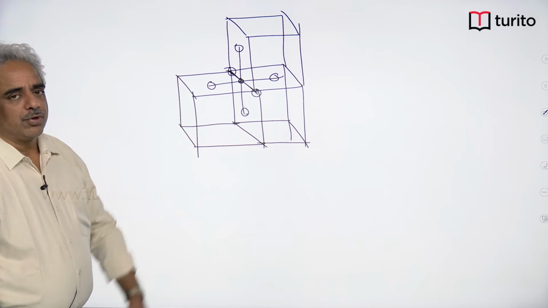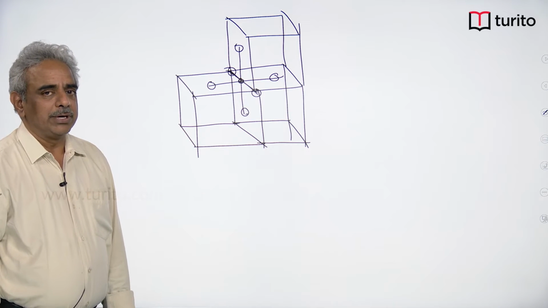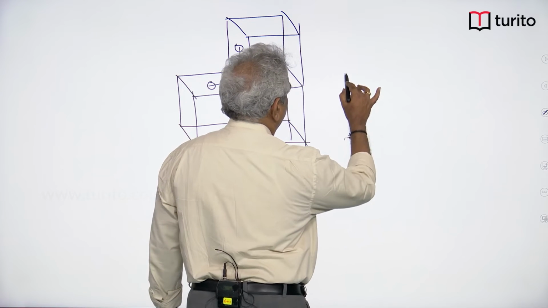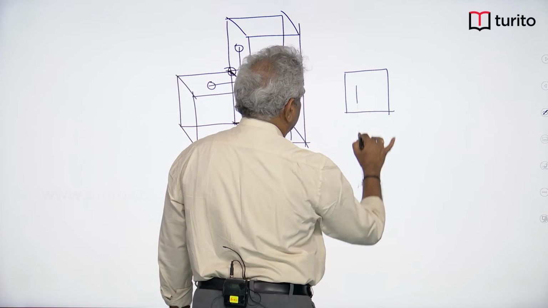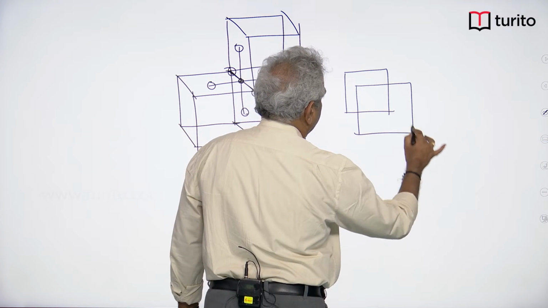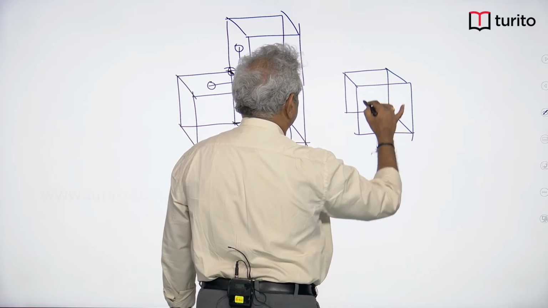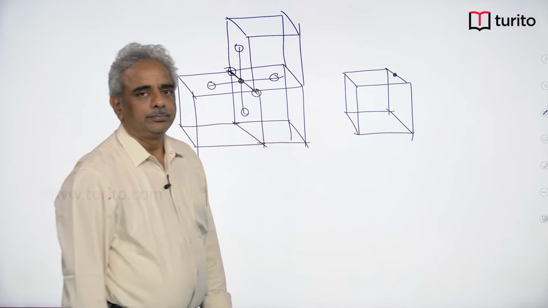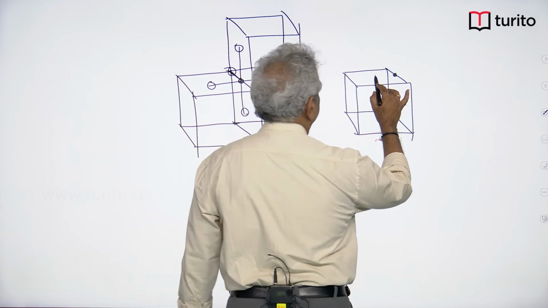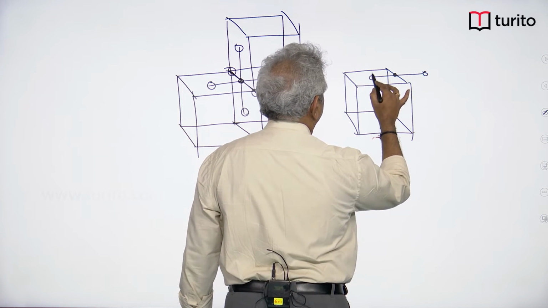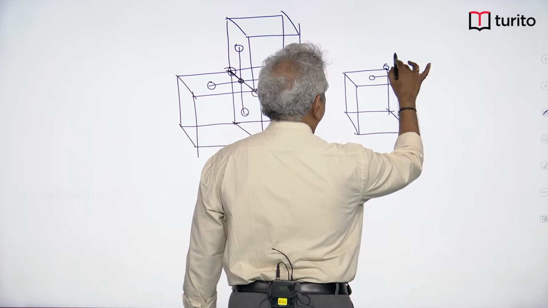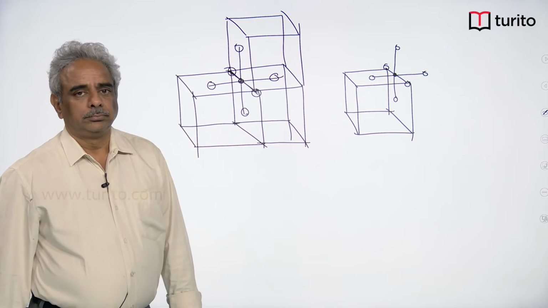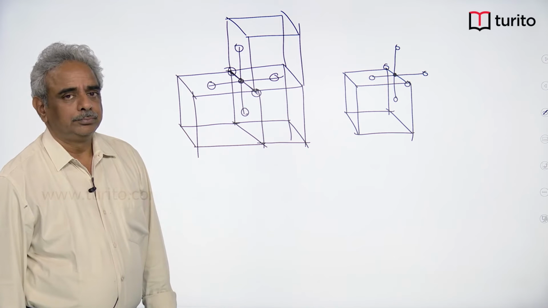So, you can easily visualize an octahedral void at the edge of a unit cell. At the edge of every face centered unit cell, you can find an octahedral void. That is an octahedral void.